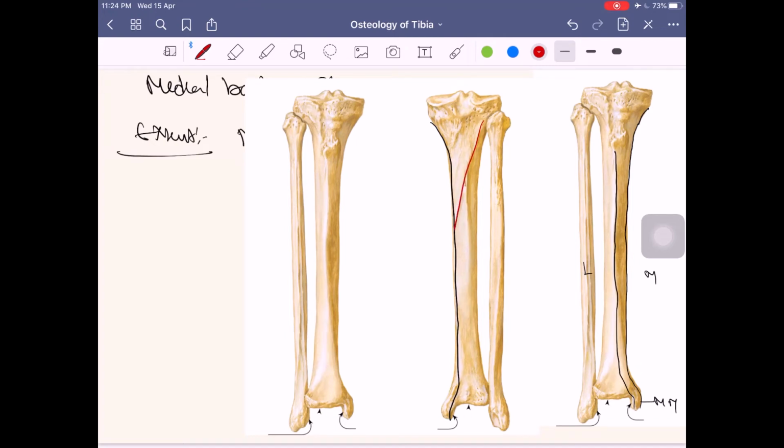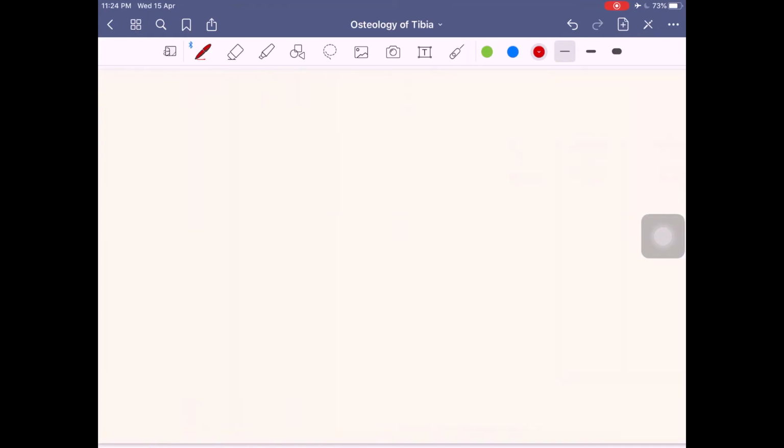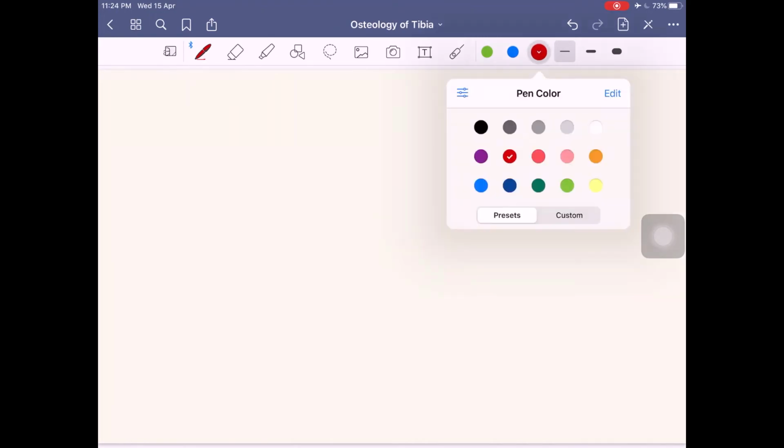I'll be talking about it in a while. So the soleal line meets the medial border at the junction of upper 1/3 with lower 2/3. That we can only see here, this part of it. So that is about the medial border: one is the extent, another is the meeting with the soleal line.